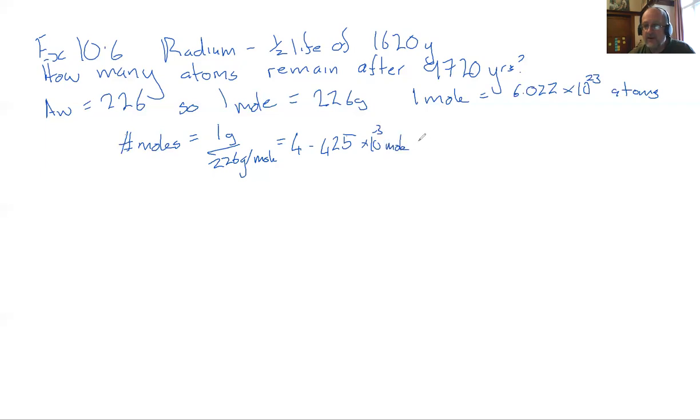And then we multiply that by Avogadro's number, 6.022 times 10 to the 23 atoms per mole. So I make that, in that sample, there is 2.665 times 10 to the 21 atoms.